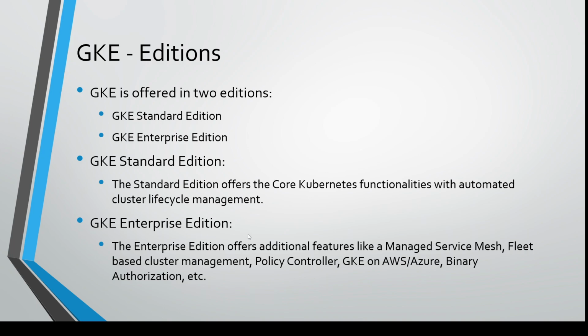The next one is the enterprise edition. The enterprise edition offers much more functionality that Google specifically offers with the GKE service. On top of the core Kubernetes functionalities, the enterprise edition gives you additional features like a managed service mesh.